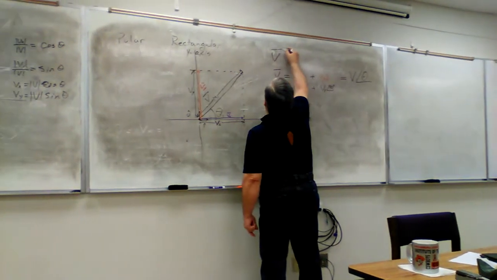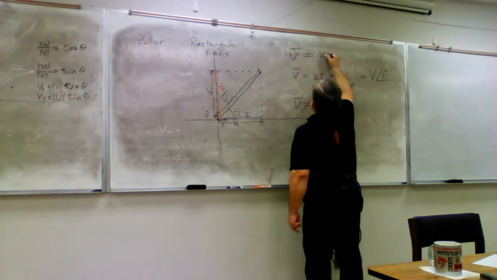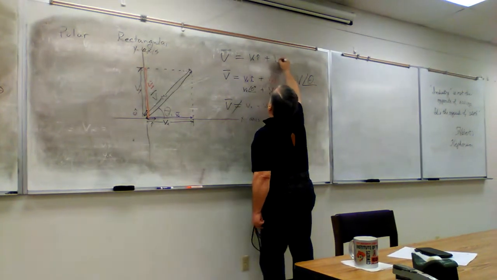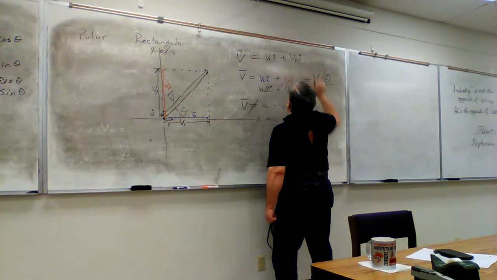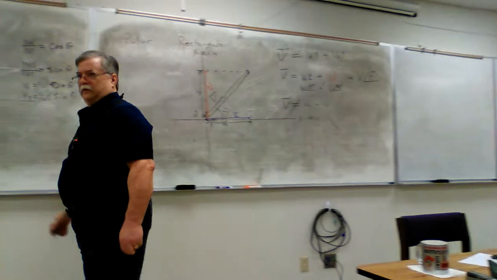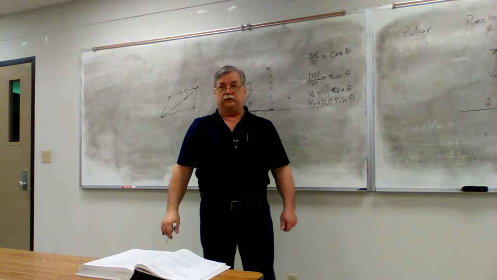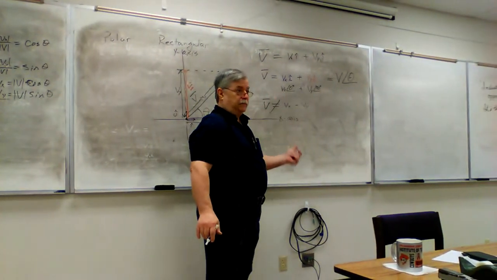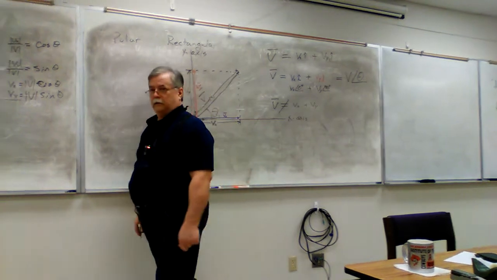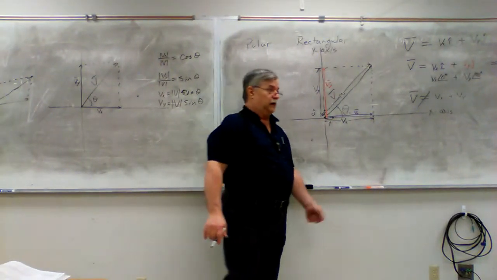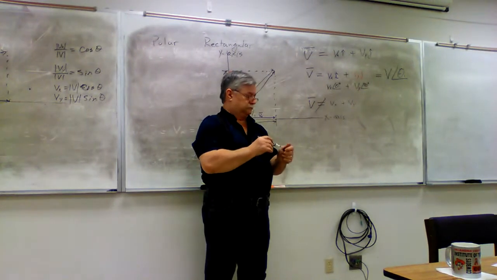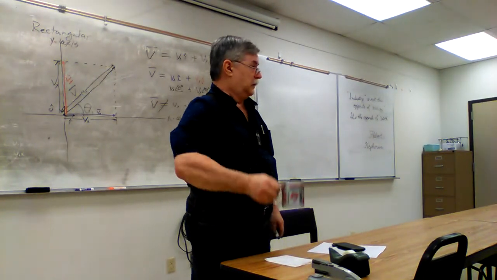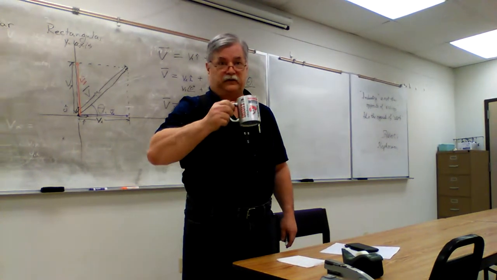V is equal to V sub x times the vector i plus V sub y times the vector j. So in that regard, it's very much like making sure your units match. A vector cannot be the sum of two scalars. A vector must be the sum of two vectors. So it really is important to keep straight when you're dealing with vectors and when you're dealing with scalars.